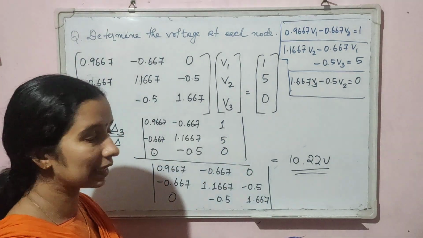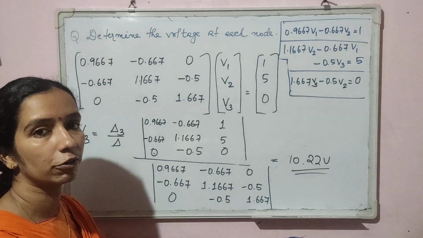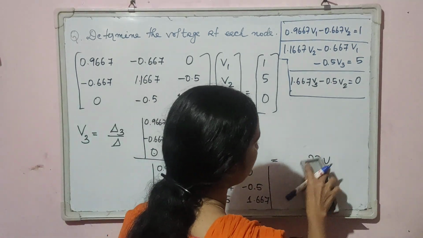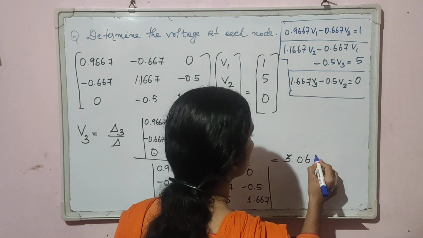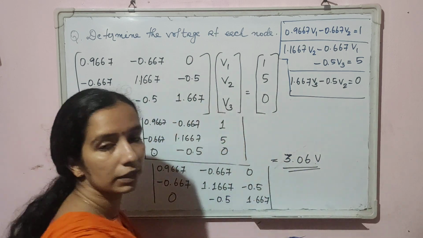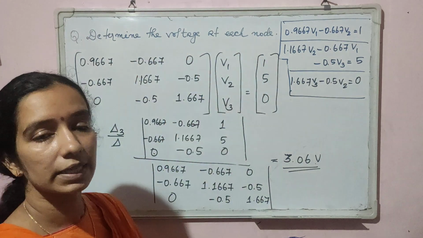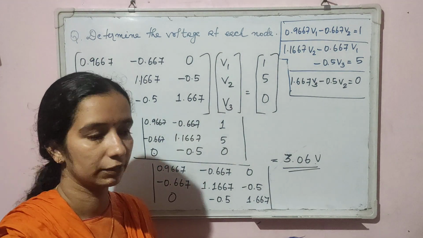Determinant of this matrix divided by determinant of the original coefficient matrix will give us the value of V3, and value of V3 is 3.06 volt. So thus we have calculated all the node voltages V1, V2 and V3.